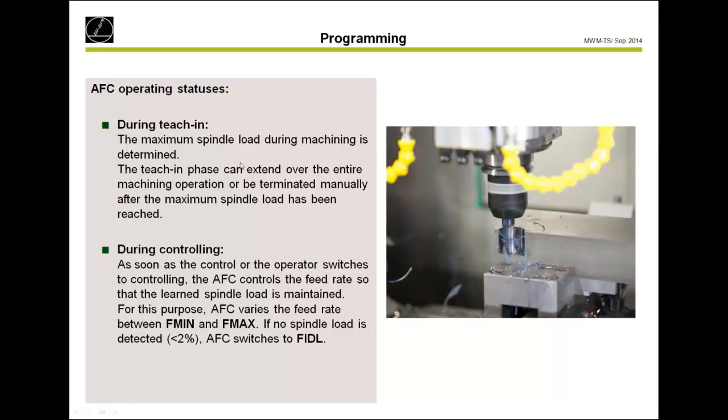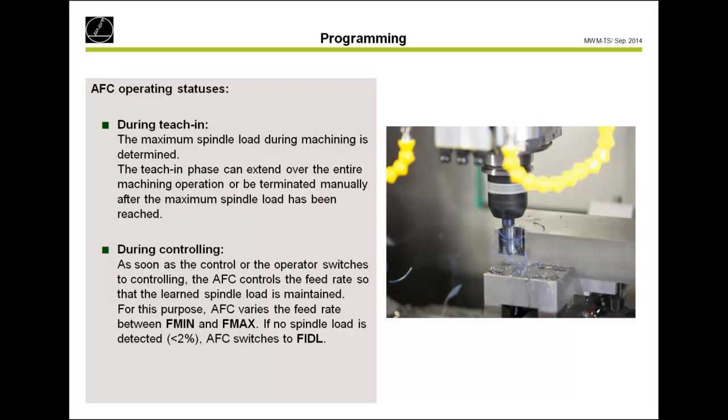Then, when we have a new program and there was no AFC done before, we need to start learning first. During the learning process the control just recognizes the highest spindle load that we get. Because of this it's also necessary that you have a good spindle load.